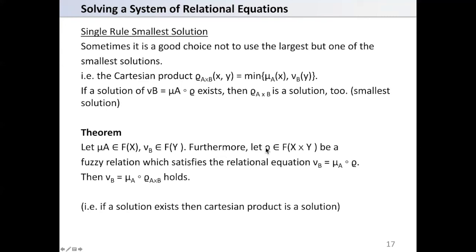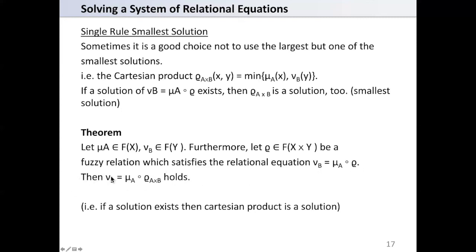Furthermore, let the relation rho be an element of the fuzzy sets defined on the Cartesian product of X and Y. Let this be a fuzzy relation which satisfies the relational equation: membership of B on Y is equal to membership mu of A on X composition with rho. This should be satisfied.